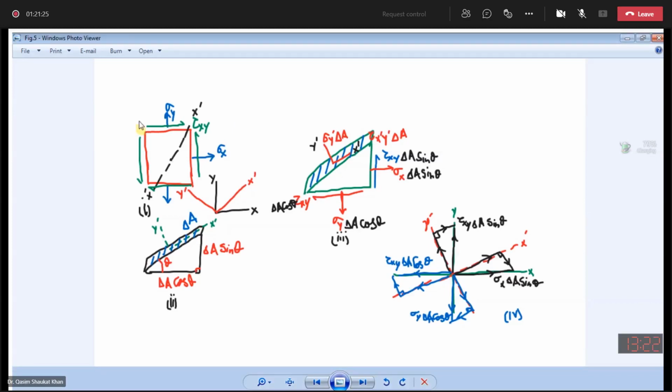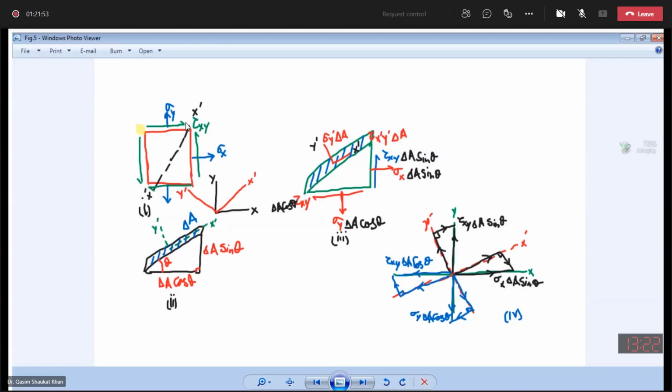Okay, now let's start from here. So you have plane stress state element. You are shown normal stress sigma x, normal stress sigma y, shear stress tau xy. These are the complementary normal stress sigma y, this should be complementary normal stress sigma x, this is your complementary shear stress tau xy.